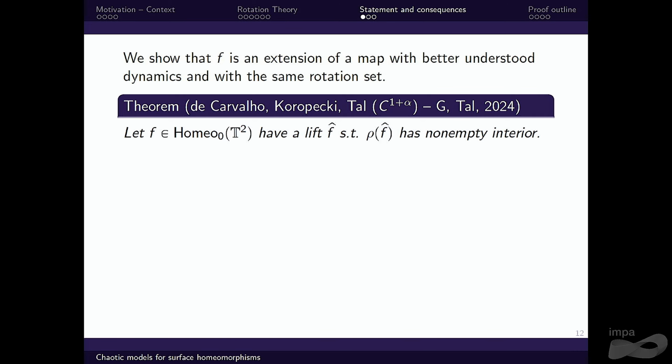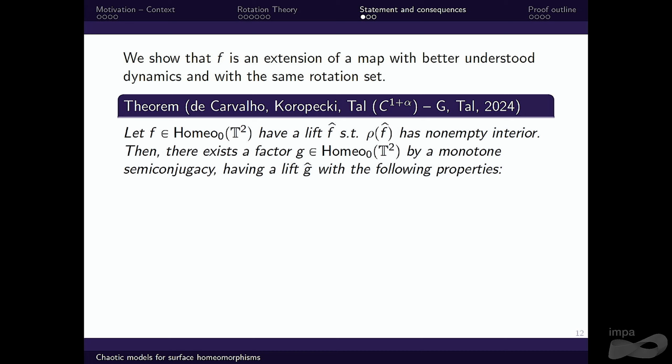So again, hypothesis. Then there exists a factor G, which is also an isotopic to the identity homeomorphism of the torus by a monotone semiconjugacy. So monotone means that the fibers are connected, okay? So we are basically collapsing things. In your heads, you can very well think that we are collapsing the islands, okay? We are not, but kind of, okay?